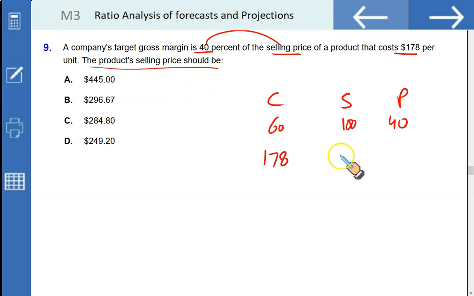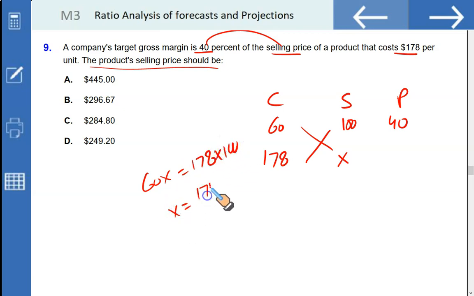Since we need to find the selling price, mark X, make a cross and solve it. 60 times X is equal to 178 times 100, so X is equal to 178 times 100 upon 60, and if simplified, it will give you 296.66. That makes B the correct option.